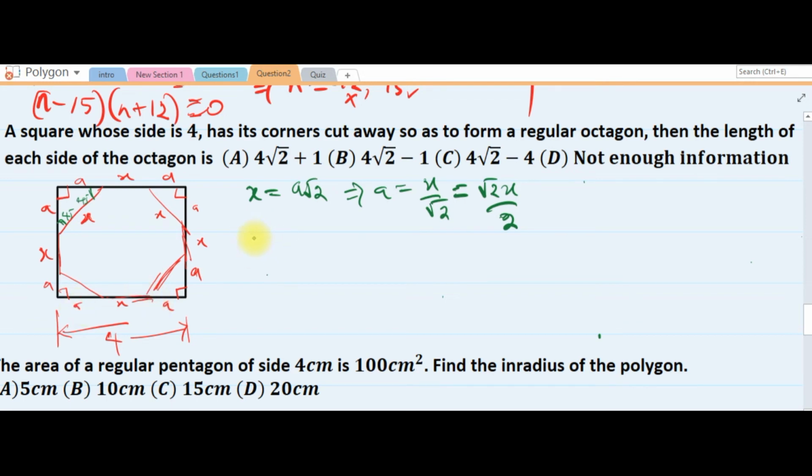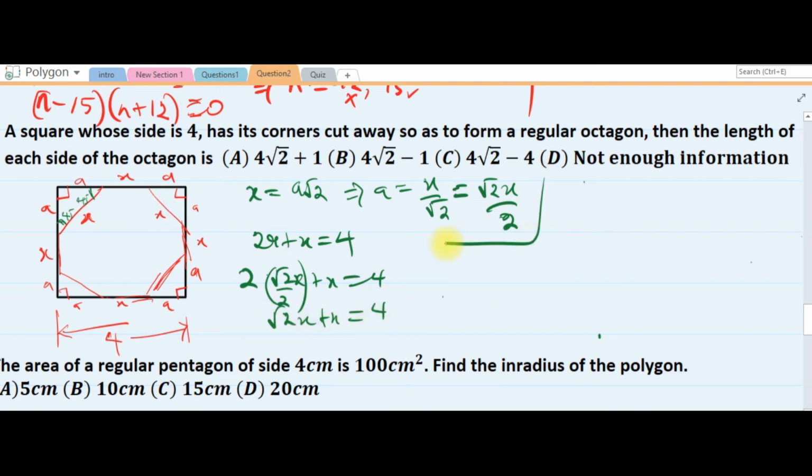So if you add everything, which is now 2a plus x must give us 4. So remember, we've gotten a in terms of x: root 2 over 2 x plus x equals 4. So 2 times, we have root 2 x plus x equals 4.